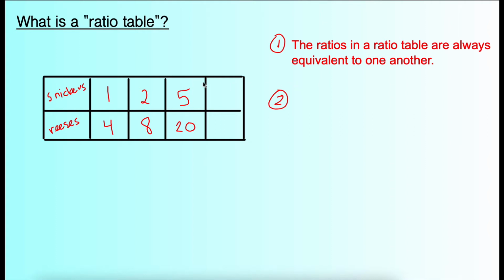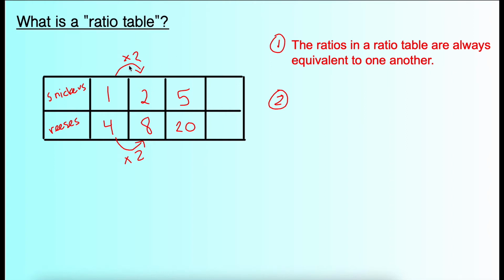You can generate values in a ratio table the same way that you would get equivalent fractions, which is to get from a 1 to 4 ratio, I'm getting there by multiplying both parts of the ratio by the same value. 1 times 2 and 4 times 2 takes me from a 1 to 4 ratio to a 2 to 8 ratio. 1 to 4, 2 to 8, both equivalent to one another.